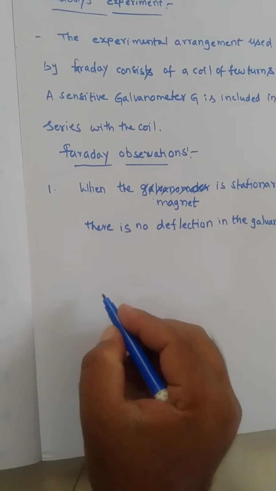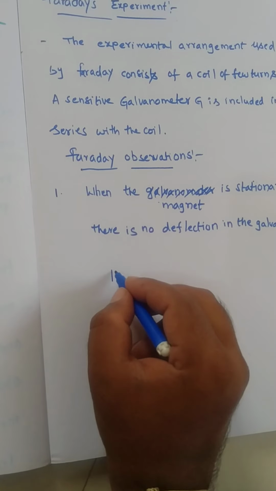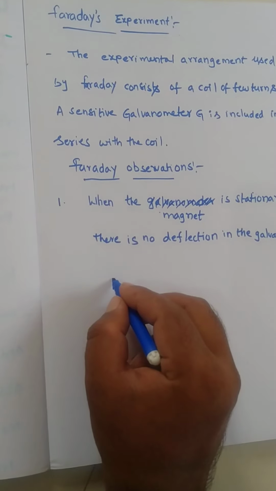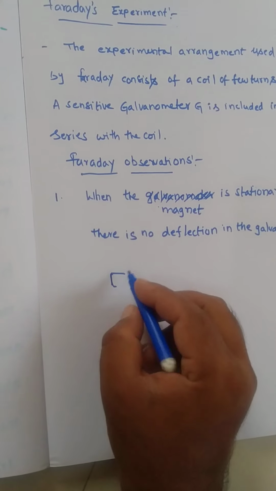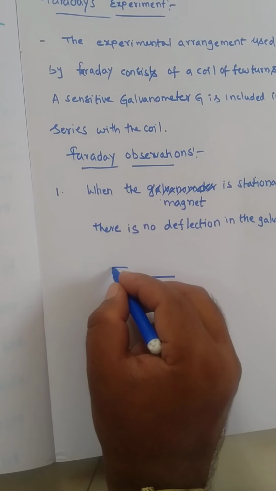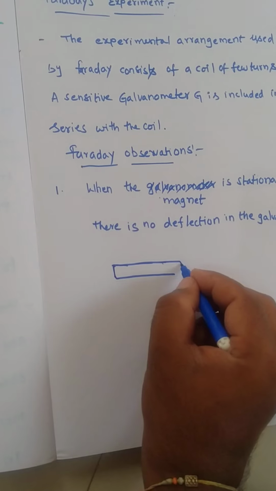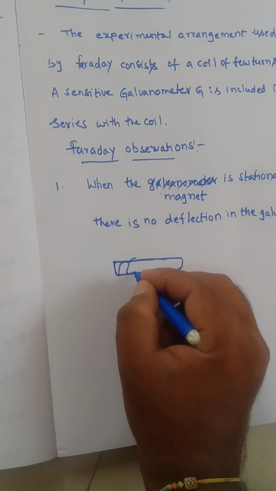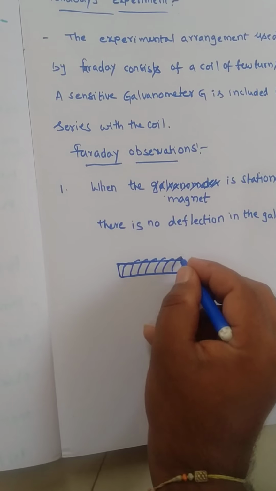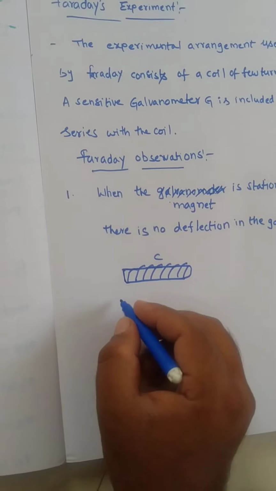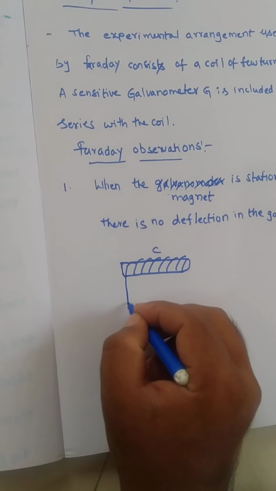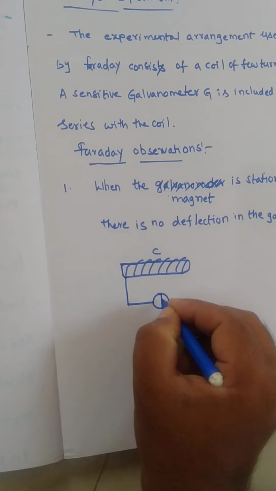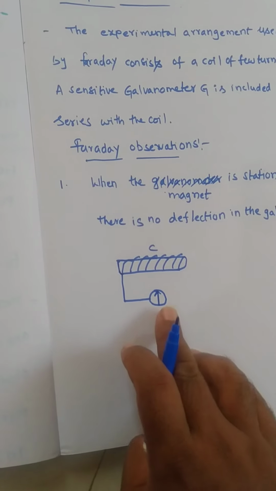See, for example, I am taking a coil. It consists of a number of turns, and this coil is connected to a galvanometer in series. This is a pointer for the galvanometer, which denotes the current.